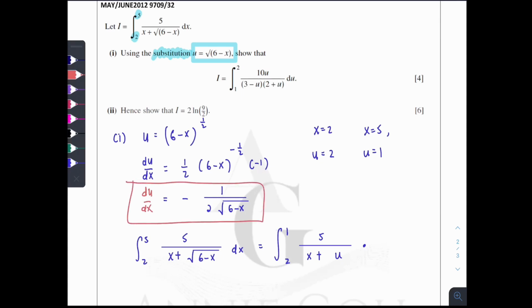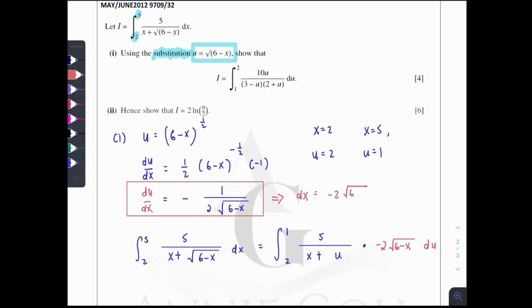So from here, to get the dx term, it should be negative 2 square root of 6 minus x du. You can just rearrange it here. dx equals negative 2 square root of 6 minus x du, and substitute into here.